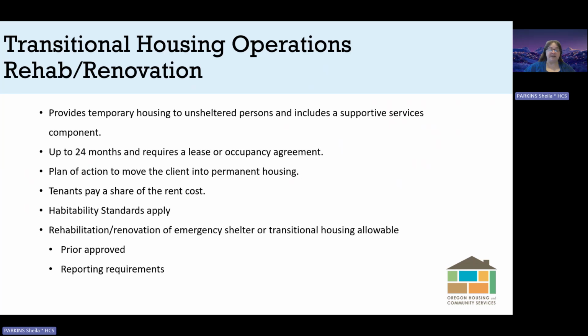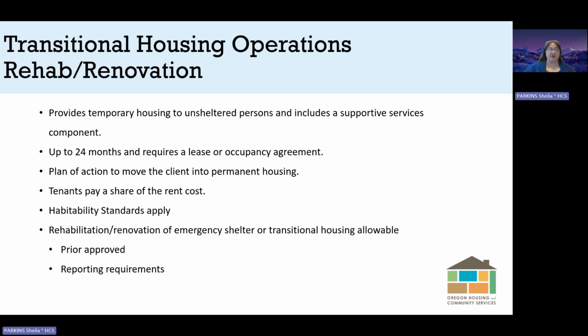The rent must be reasonable and comparable to other similar units, and the rent charged to the resident must be based on their income. However, OHCS funds cannot be used to pay the tenant's share that is expected of them to pay for rent. Additionally, the same habitability standards that apply to emergency shelters apply to transitional housing.